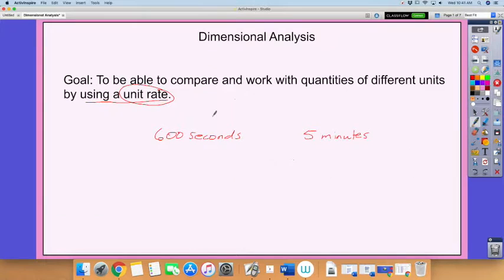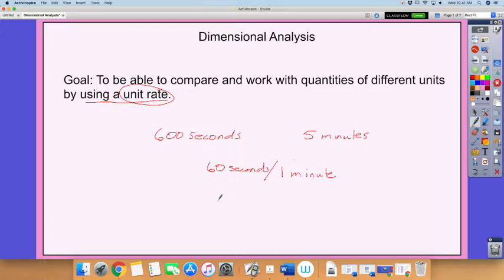So if we go back here, my unit rate that compares seconds to minutes is I know that there are 60 seconds per 1 minute. So it's a unit rate because this is 1.